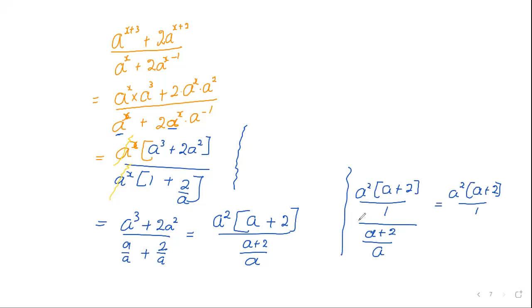We change this division line into a multiplication. We multiply, and when we multiply, we invert that. That becomes a over (a plus 2). Something nice here. This one will drop with that. We will have a squared multiplied by a. That is a cubed.